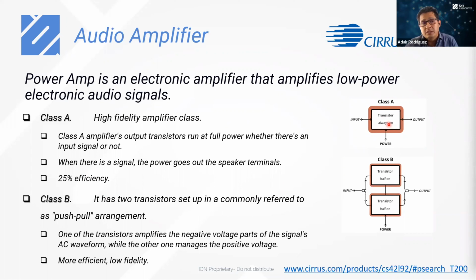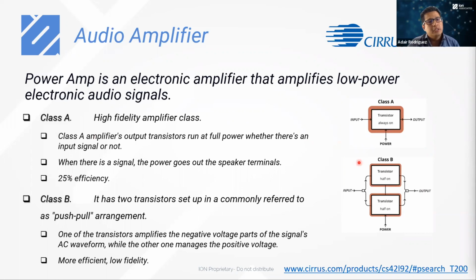The bad thing about this transistor is that it's always on, no matter if there is sound in the input or not. That is the reason it is not very efficient. When there is sound, it is transferred into the speaker, but when there is not, it is transferred into heat.